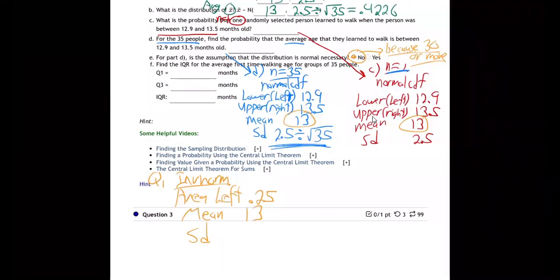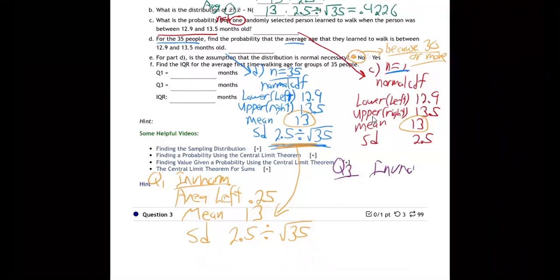Now, what do we do for the standard deviation? You have to do the square root. Exactly. Got to do the same thing we did right there with the square root because it's a group we're talking about, right? And then Q3 is going to be exactly the same.